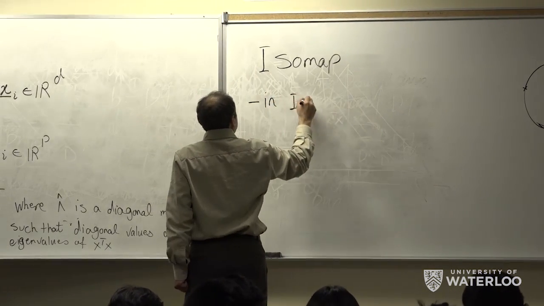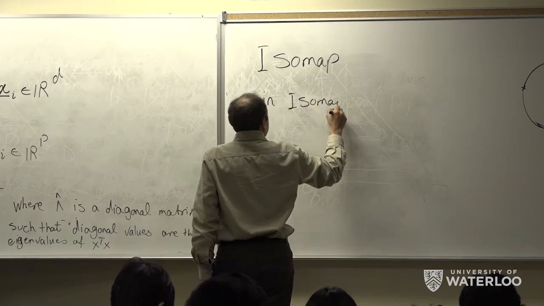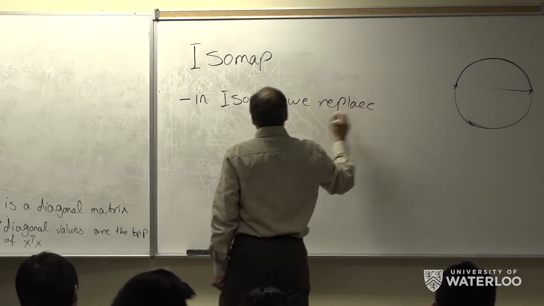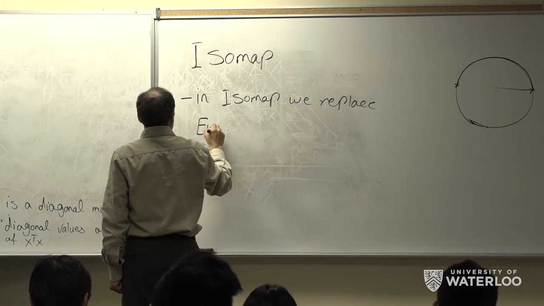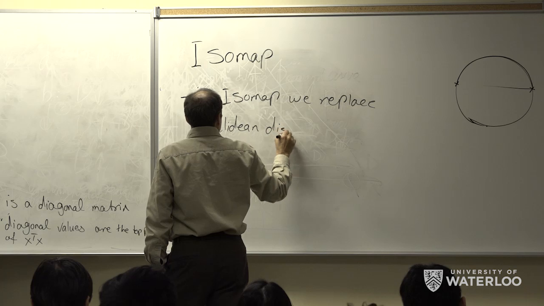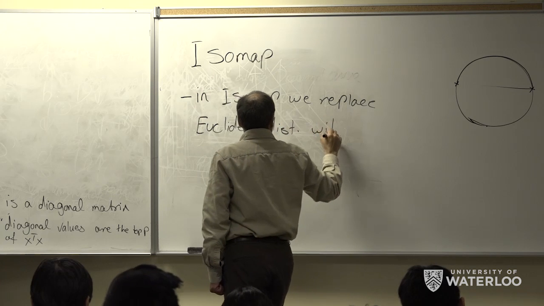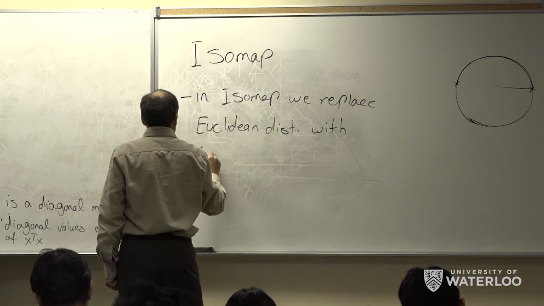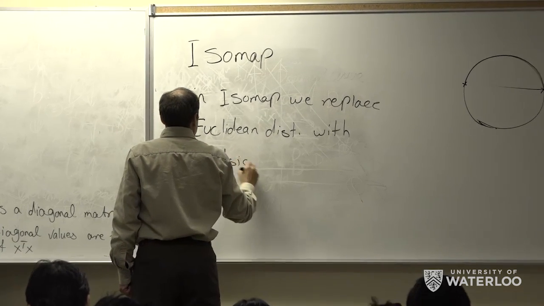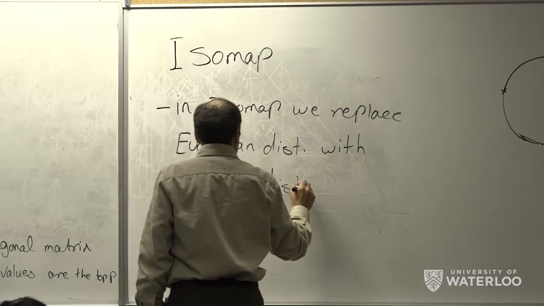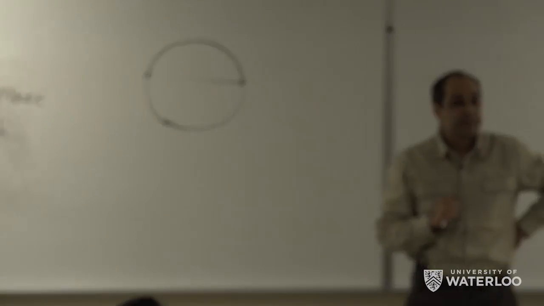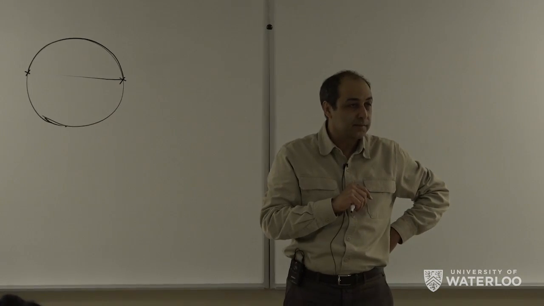So in Isomap, we replace Euclidean distance with geodesic distance. Okay, so that's the only difference.